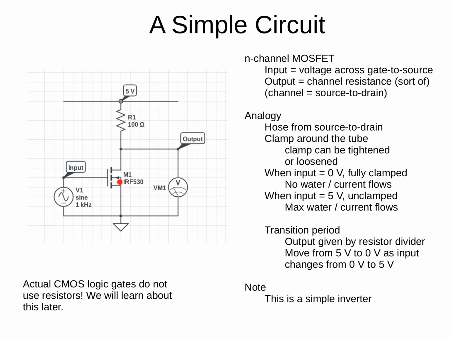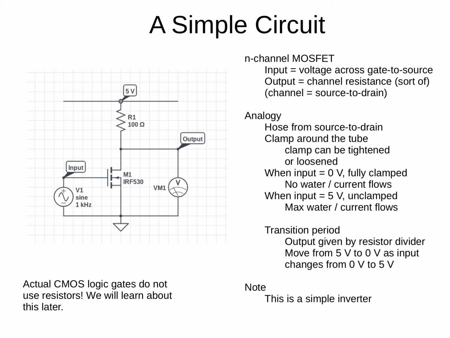So if this FET is off, then we've got our 5 volt supply going through a small resistor and going to the output. So we will expect to get about 5 volts at the output. We're assuming here that this voltmeter is not going to draw much current, so there will be negligible voltage drop across this resistor, and we'll get the full 5 volts at the output.